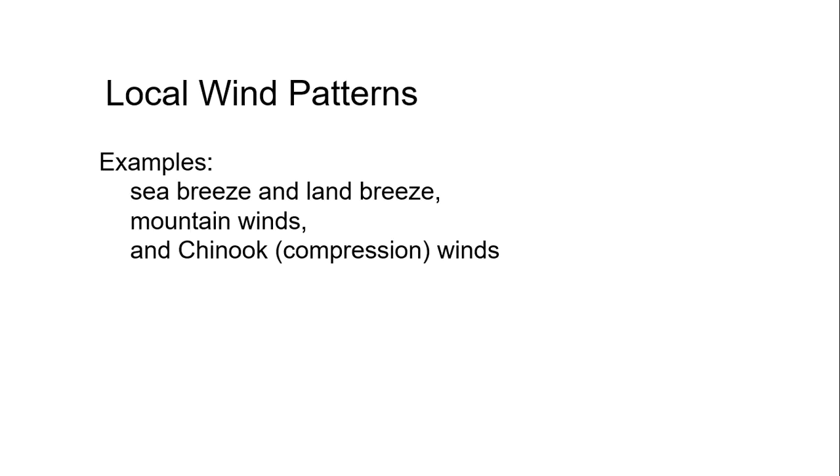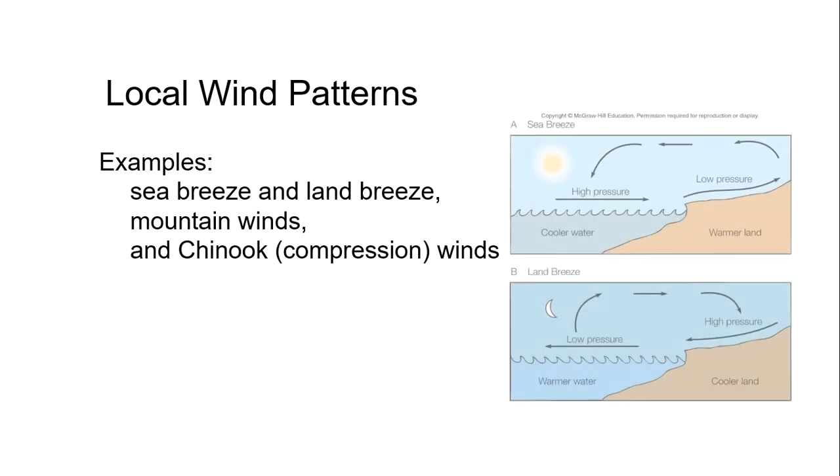Here are some examples of some local wind patterns. One example we experience all the time here in Florida is the sea breeze. The land will warm up much faster than the water does, and so since the land is warmer, air is going to rise over land, sink over water, creating a cycle that will push air from water onto land. This is known as the sea breeze.